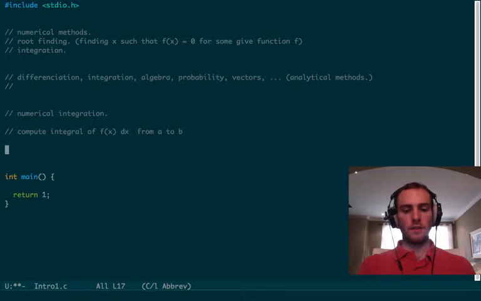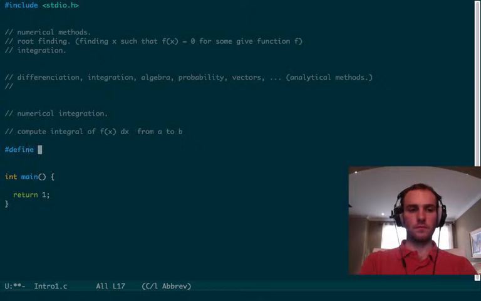So let's give ourselves some function to integrate. And f of x.